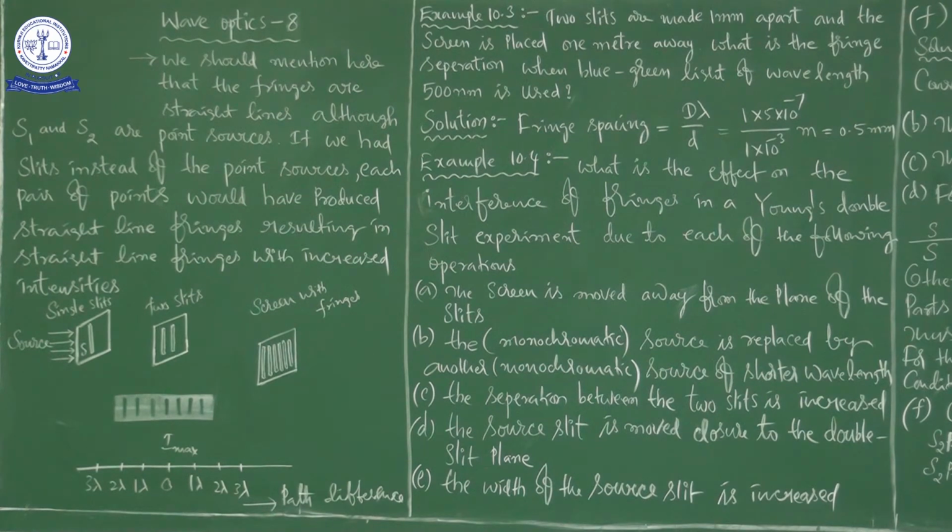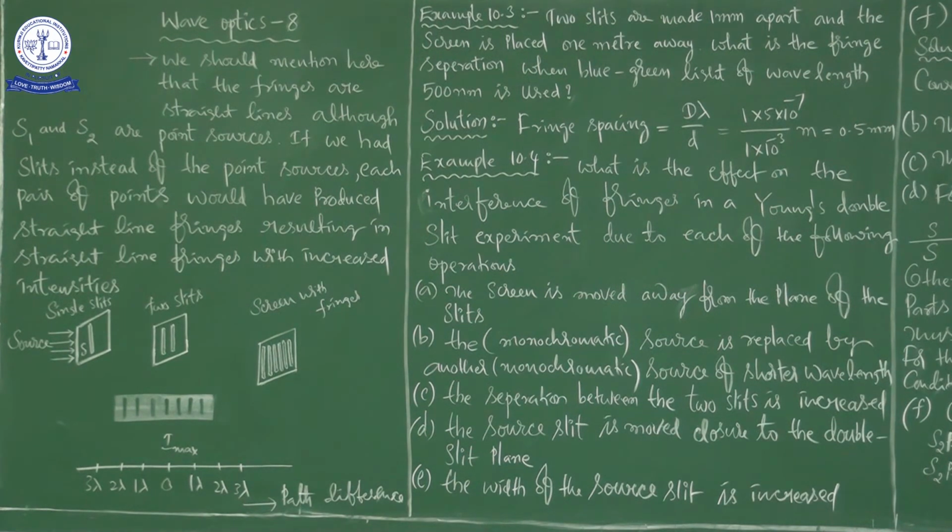See here, the angular separation of the fringes remains constant. You may have a doubt, what is angular separation? Angular separation is the ratio of the wavelength of light to the distance between the two slits.